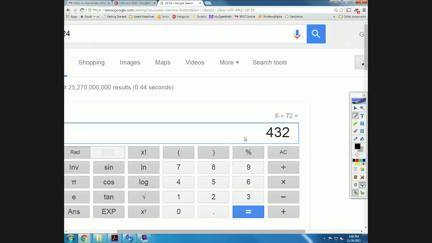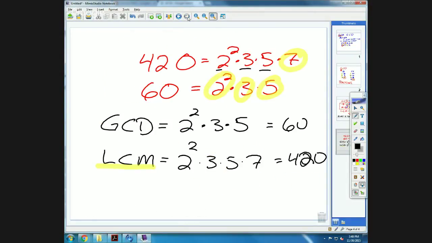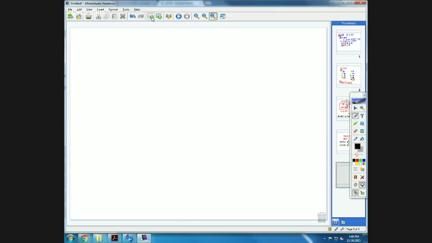Same number. So it turns out this is a rule we can apply in general. If you have any 2 numbers, A times B, their product is always going to be the same as their GCD times their LCM. Because they use the same set of factors in different ways.